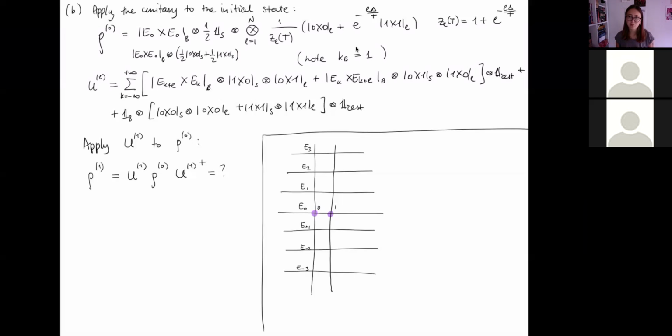If the state of the qubit S is in the state 0, then it can always happen during the round, with some probability governed by the heat bath that we're using, that the state of the qubit flips to 1, and subsequently the energy of the battery also goes up.